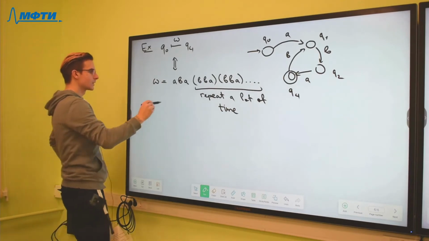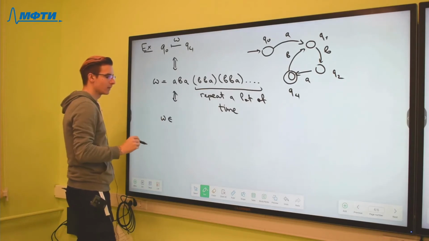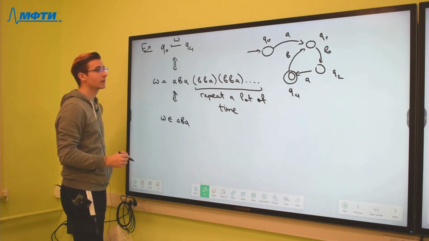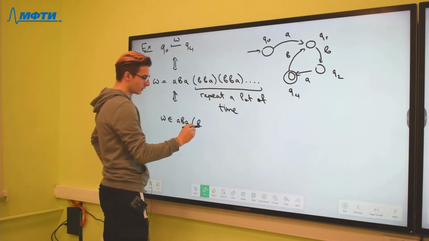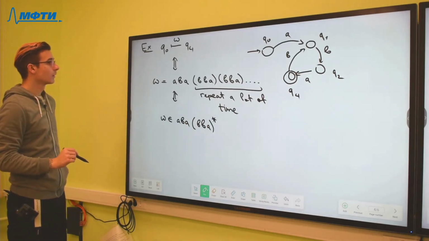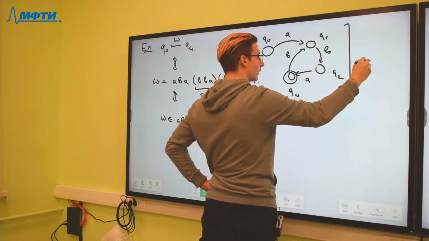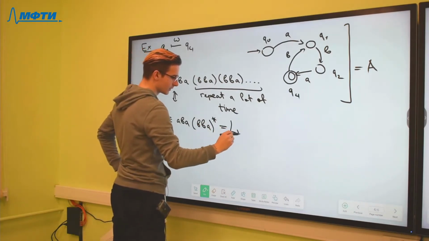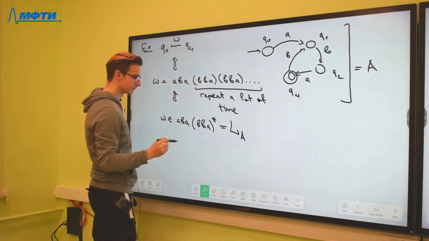So it is equal that omega is in the language that can be expressed by this regular expression. So this automaton has this language.